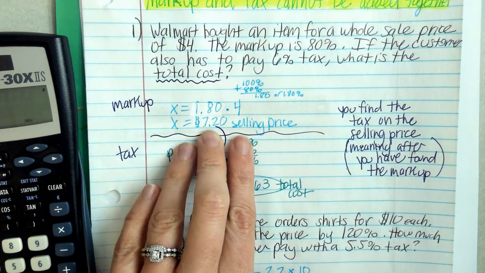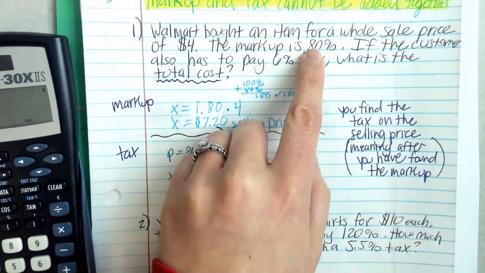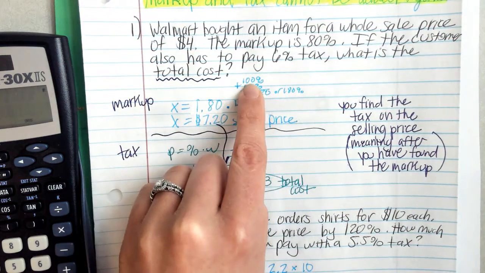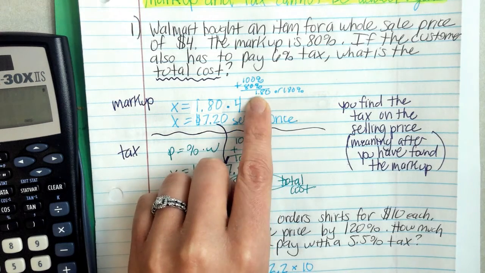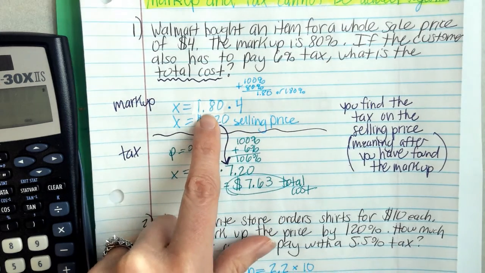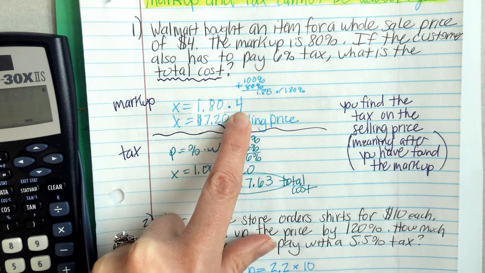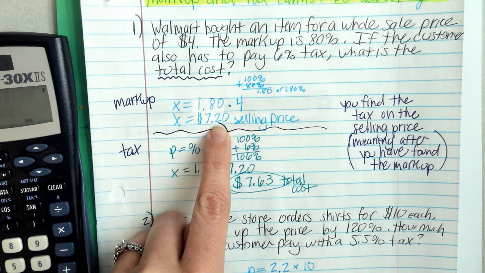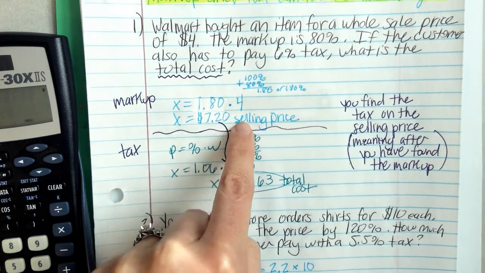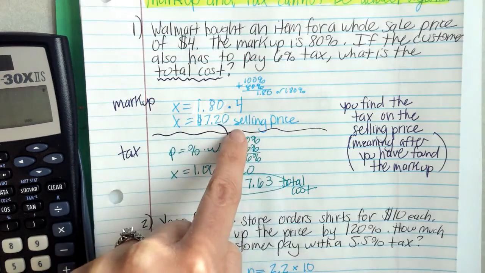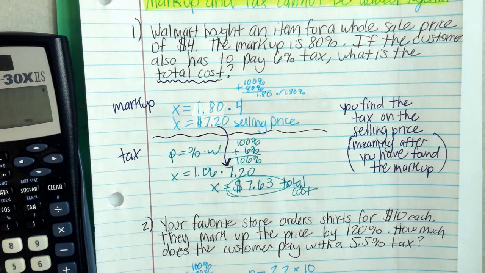The first thing you have to do is your markup. So I have to pay for the whole thing, 100%, plus the 80% markup, which is 180% or 1.8. So 1.8 of the $4 Walmart paid means they're going to sell it for $7.20. Now that we know what we're going to buy it for, we can find our 6% tax on that selling price.